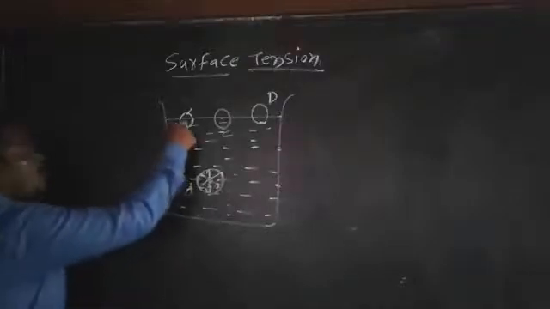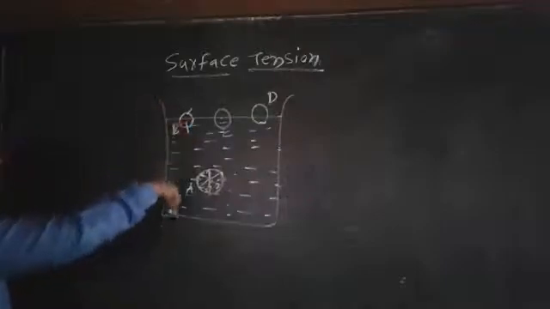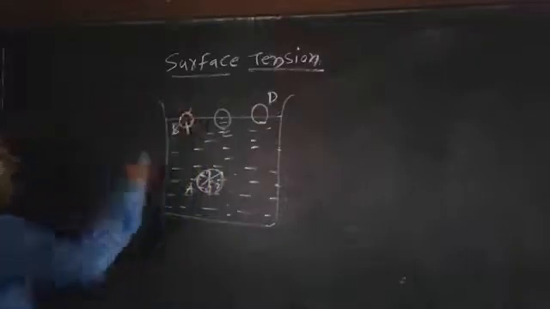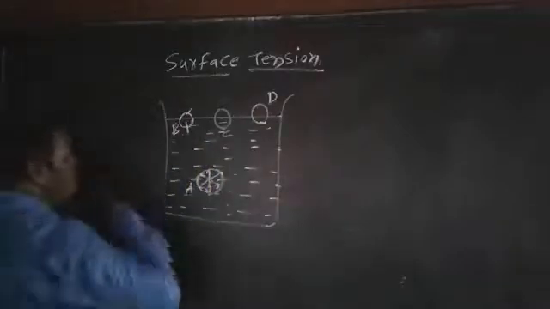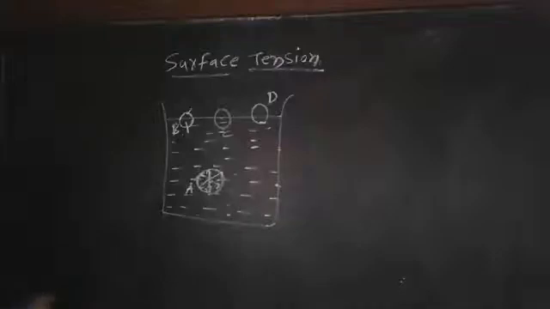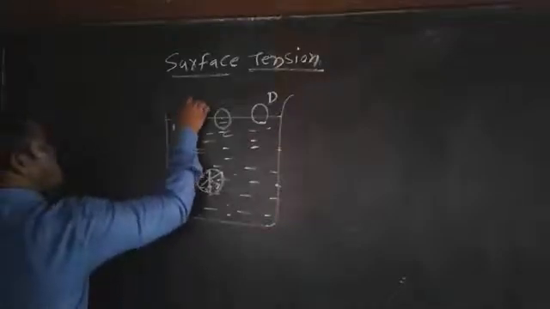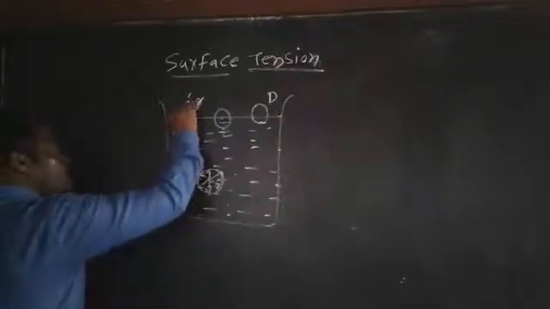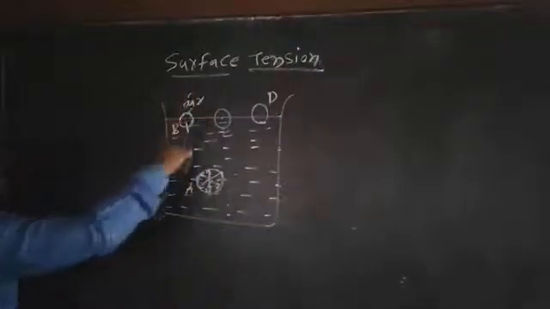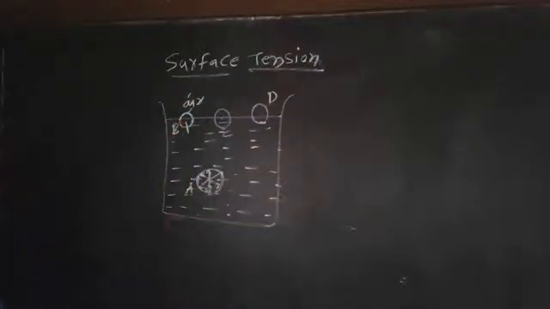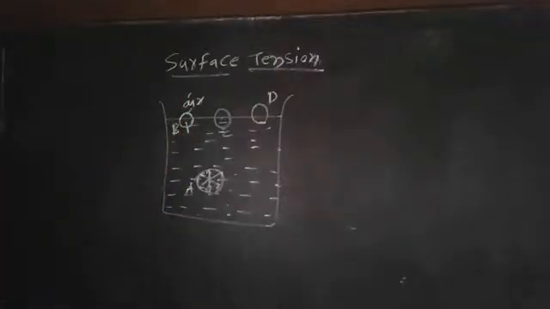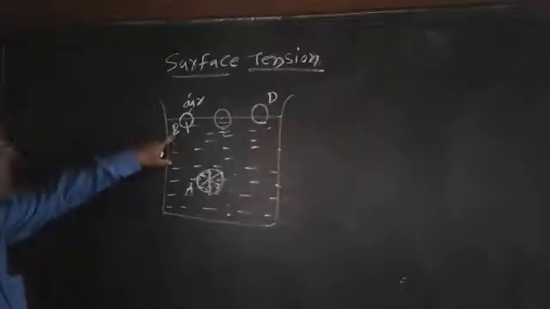So molecule B is acted upon by cohesive force. Also it will be attracted by adhesive force, which means the force of attraction between the air molecules and the liquid. But there are few air molecules, and that is why the resultant downward force acting on molecule B will be maximum.